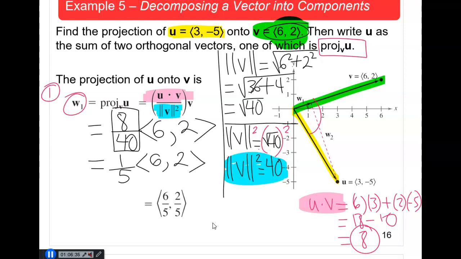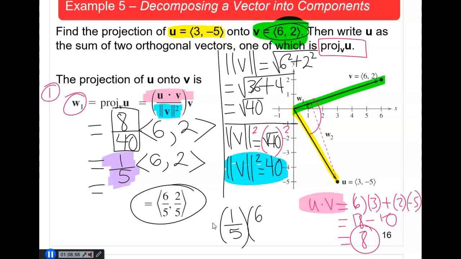So the scalar that we worked so hard for, it's 1/5. So if we multiply that, we will get the result that you see here, 6/5 and 2/5. And that is because if you multiply 1/5 times 6/1, it will be 6/5.